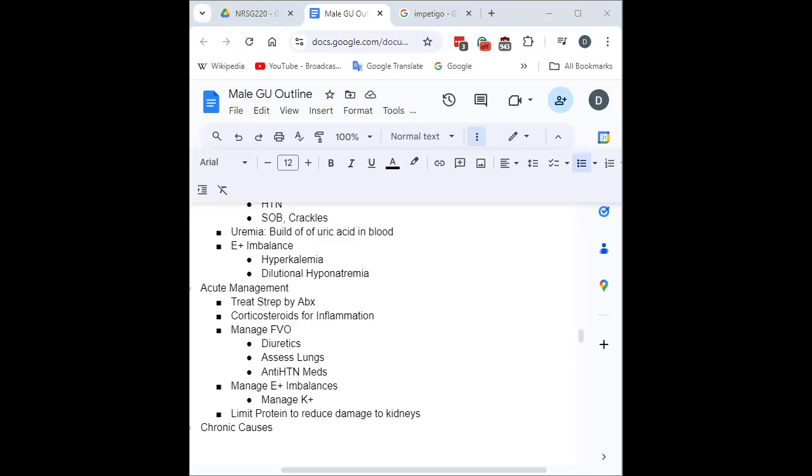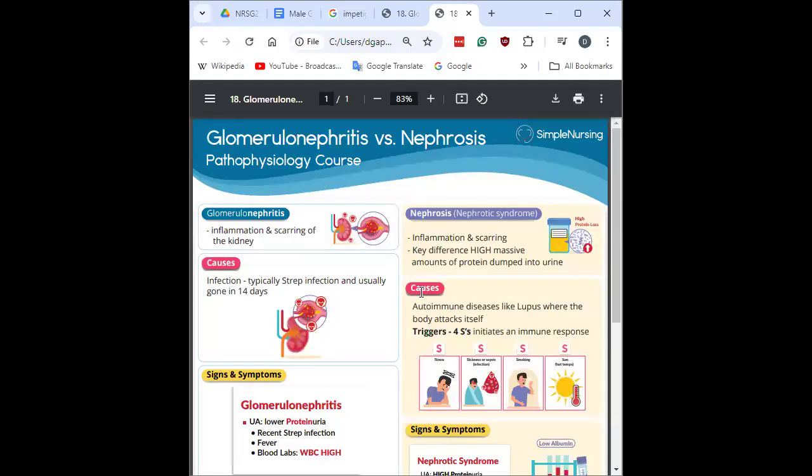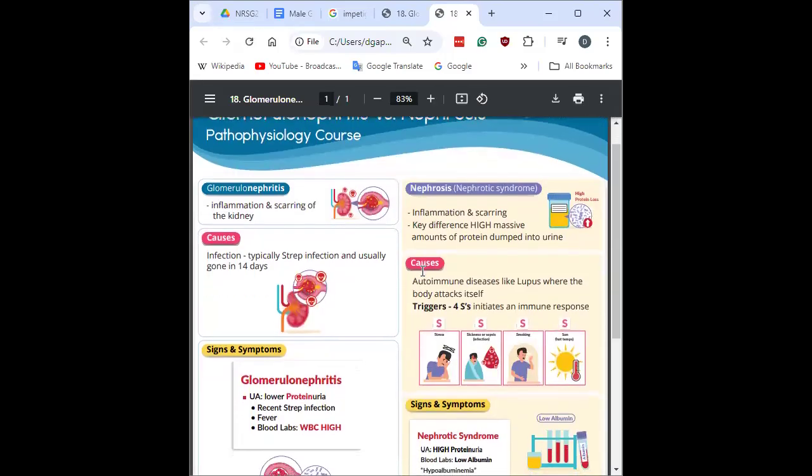From what I'm looking up, it coincides with what I mentioned about the hyponatremia. Maybe not so much, probably more so over a longer period of time. This is a really good one.